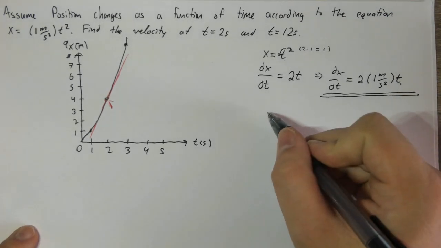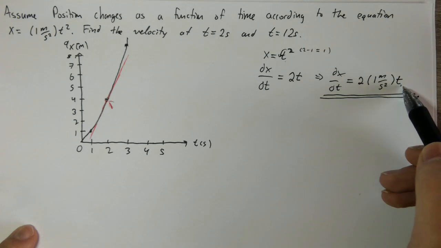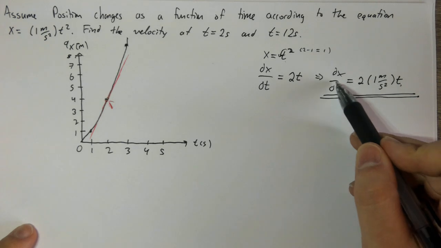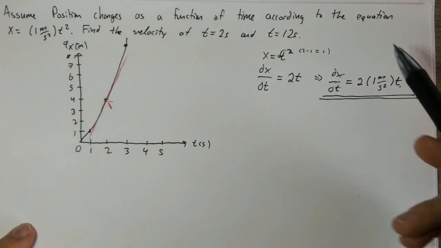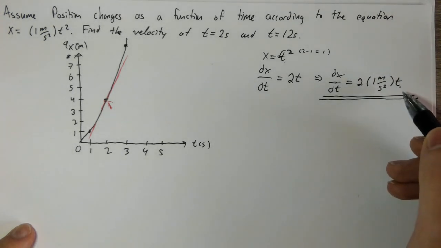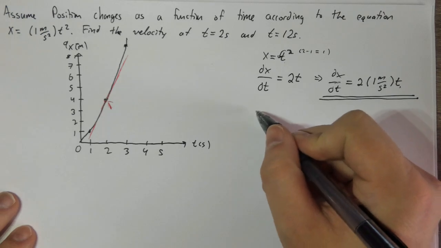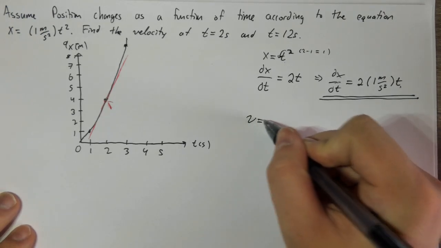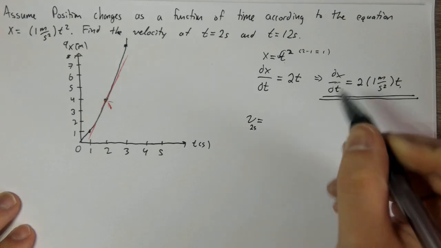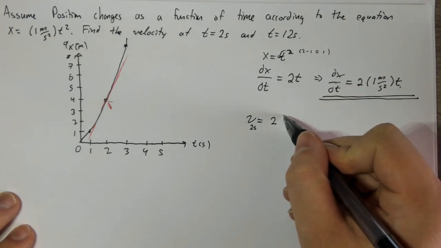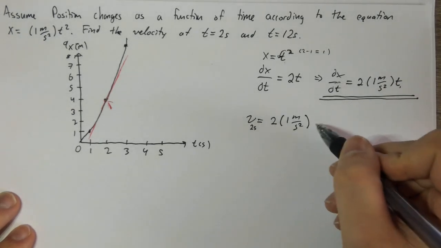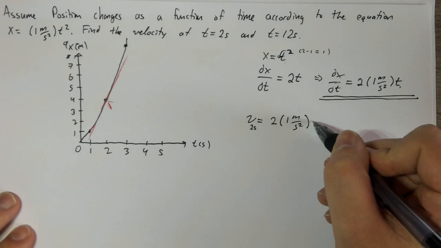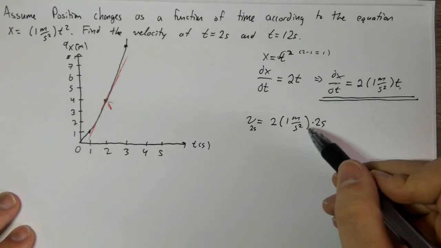Like any moment in time, there's no limit. You could put t equals 200 million and you'd be able to know what velocity this particle or whatever is going at 200 million seconds. So our velocity at 2 seconds is 2 times our constant of 1 meters per second squared times 2 seconds.